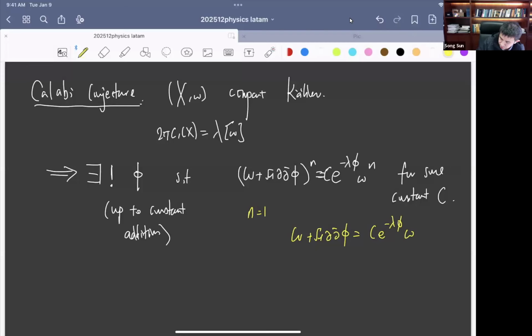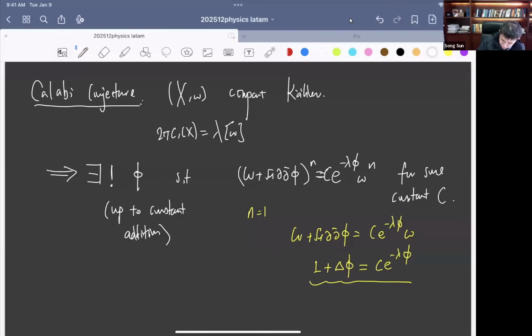But because n equals 1, this is the same as taking the trace, so it's 1 plus Laplacian phi equals c e to the negative lambda phi. And if you have a good memory of last lecture, this is the equation we wrote down for constant Gaussian curvature metric in terms of conformal change.